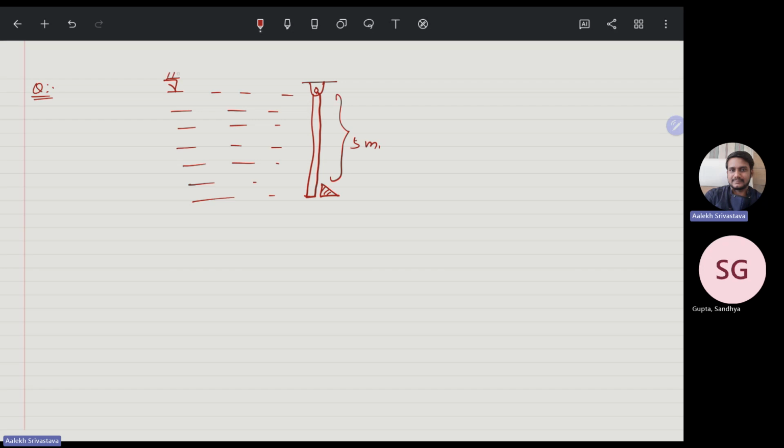This is your surface, and the water is not exactly from the top. The surface is at this point, and this is 4 meter, and you need to find the reaction force from this gate. So if you say this is the reaction force, what is the reaction force at this point?